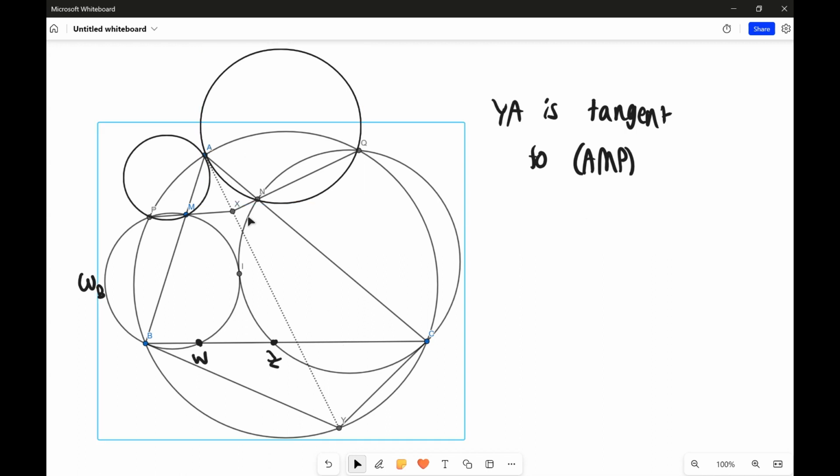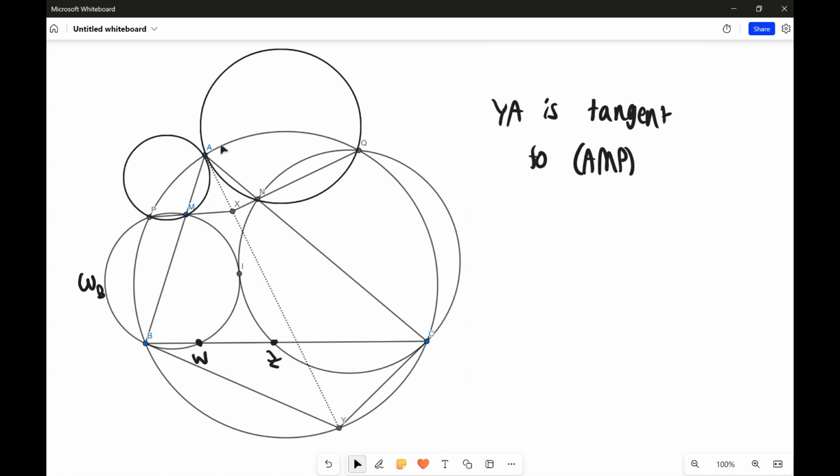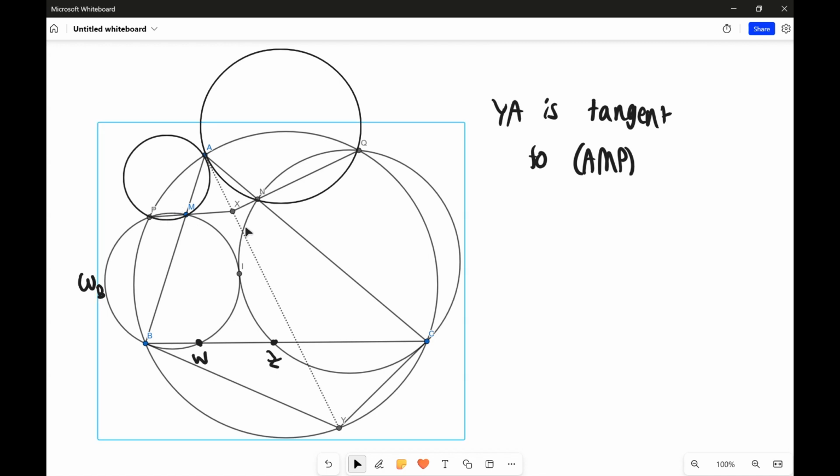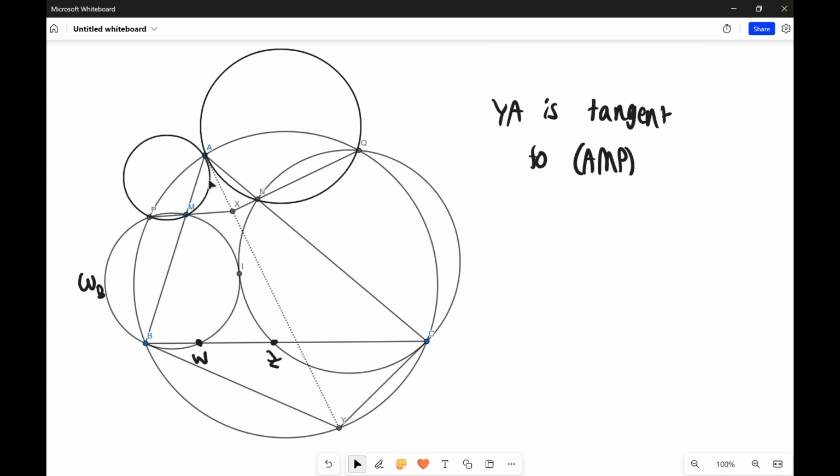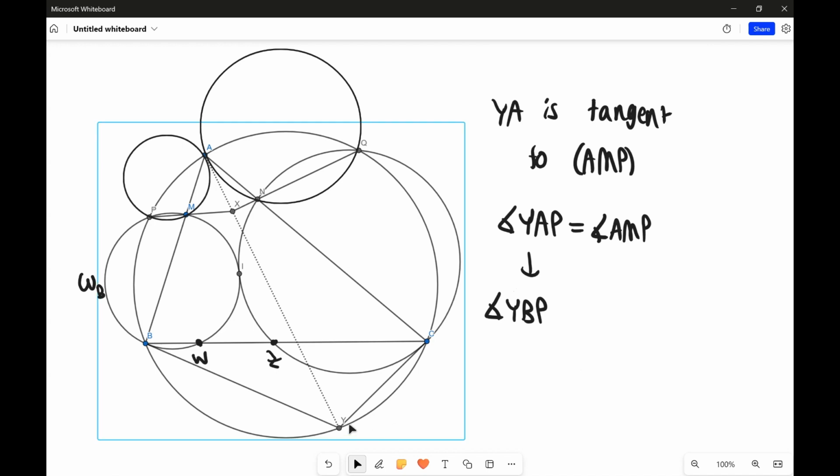So in order to show this, we'd like to show that YA something is equal to another angle. And we'd like for that something to be P because we could do a lot with that. So let's try showing that directed angle YAP is equal to directed angle AMP. First, we note that this is equal to directed angle YBP because Y lies on gamma.